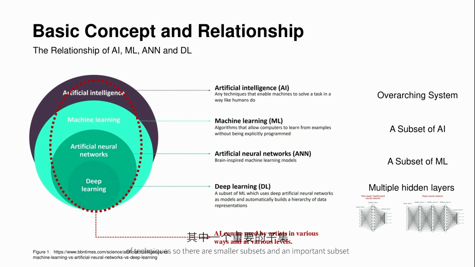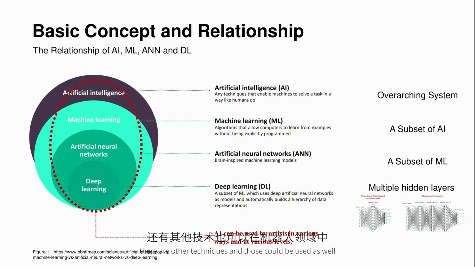So there are smaller subsets, and an important subset of machine learning in the last, let's say, 15 years especially, is the progress made on artificial neural networks. So these systems are meant to learn from data, but they represent one important type of machine learning approaches.